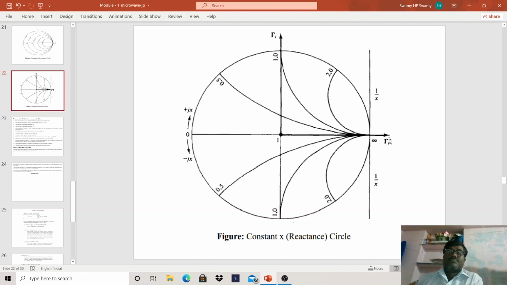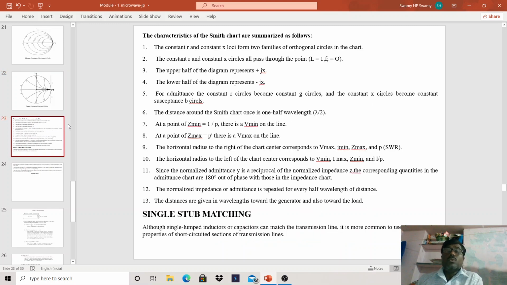Above this, positive imaginary values, and below this, negative imaginary values, in the anti-clockwise direction. So the constant X circles, the reactance circles, and the resistance circles pass through the point where gamma is equal to 0, L is equal to 1.